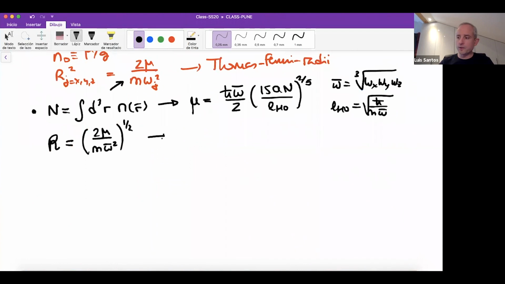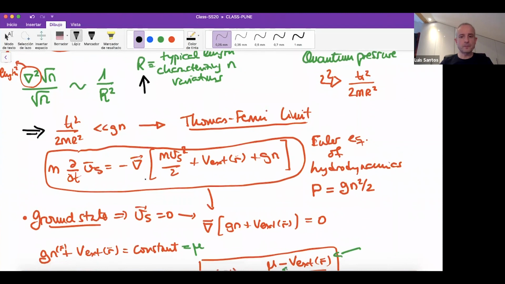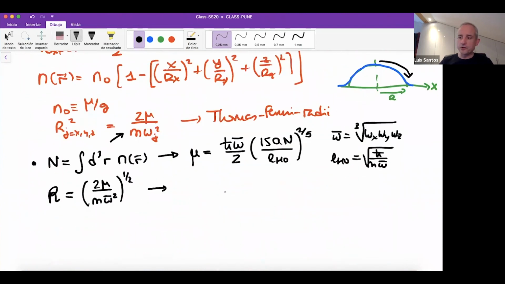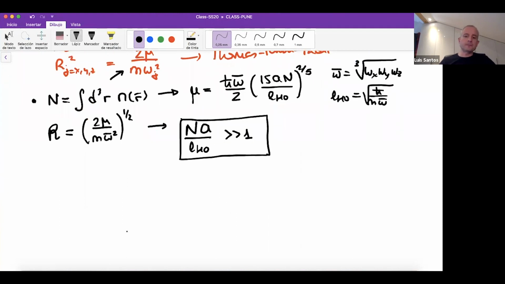So now if you impose the condition that we were mentioning before for the Thomas Fermi limit, then you obtain the following condition. So this means l_H0 comes from the trap. This is the harmonic oscillator length of the trap. a is the interaction, and this is the number of particles.